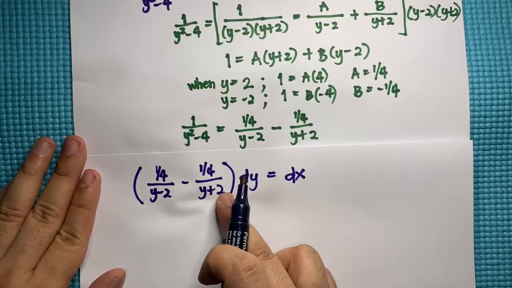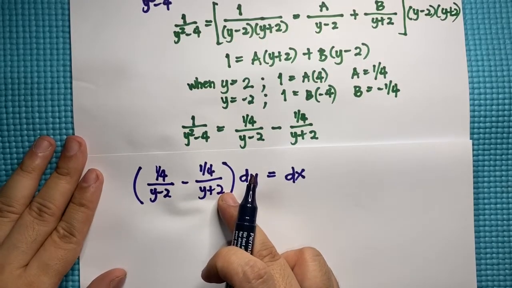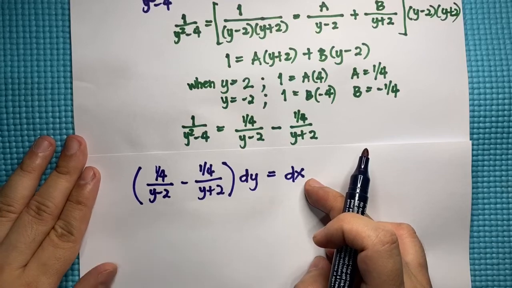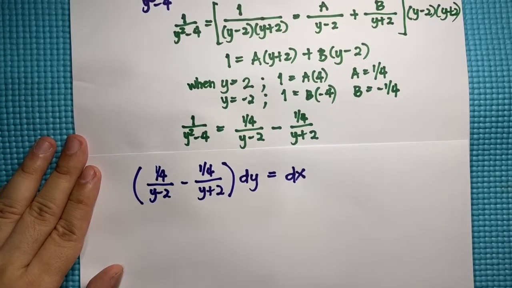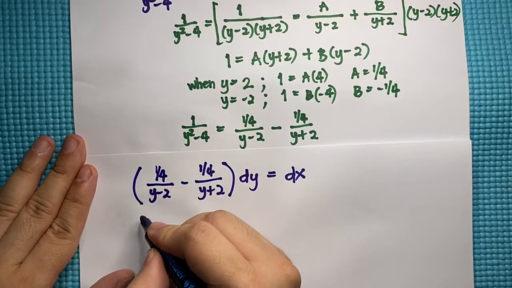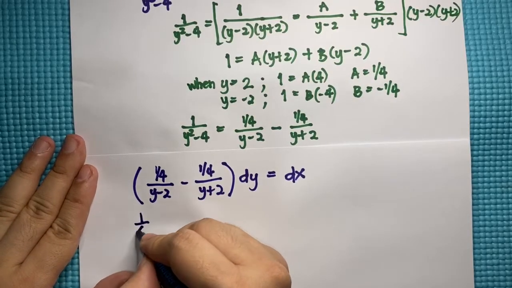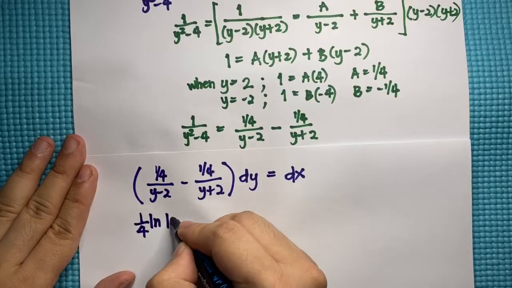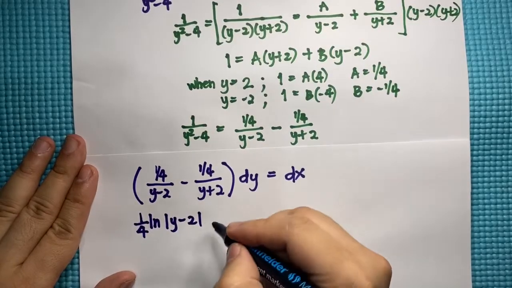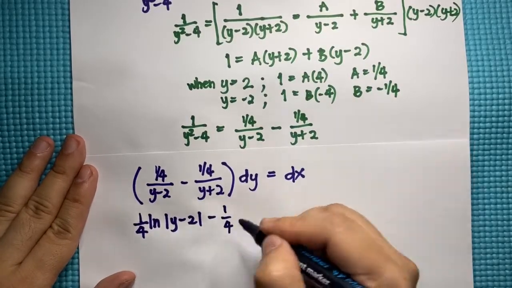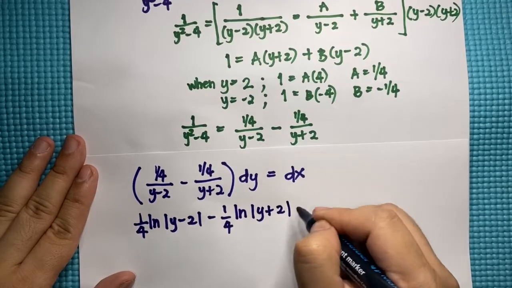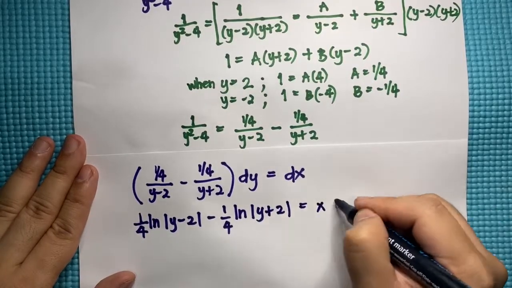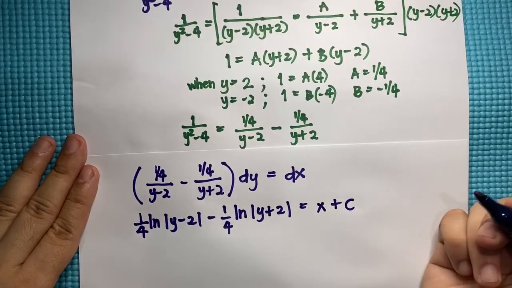Similarly, that is the same method that we will be using on the second term, and the last term would just be a simple power form. So giving us the integral to be 1/4 ln of y minus 2, minus 1/4 ln of y plus 2 is equal to x plus c.